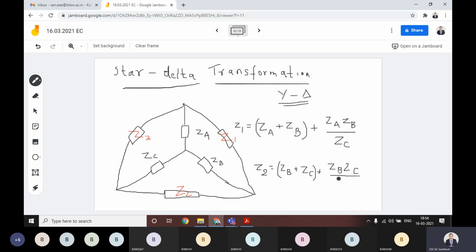Z2 opposite is ZA, and simply you write ZA. Okay.